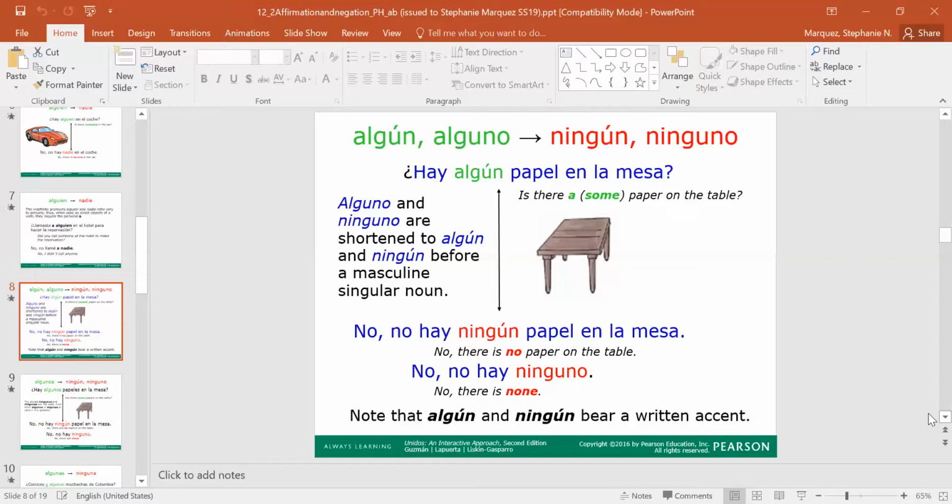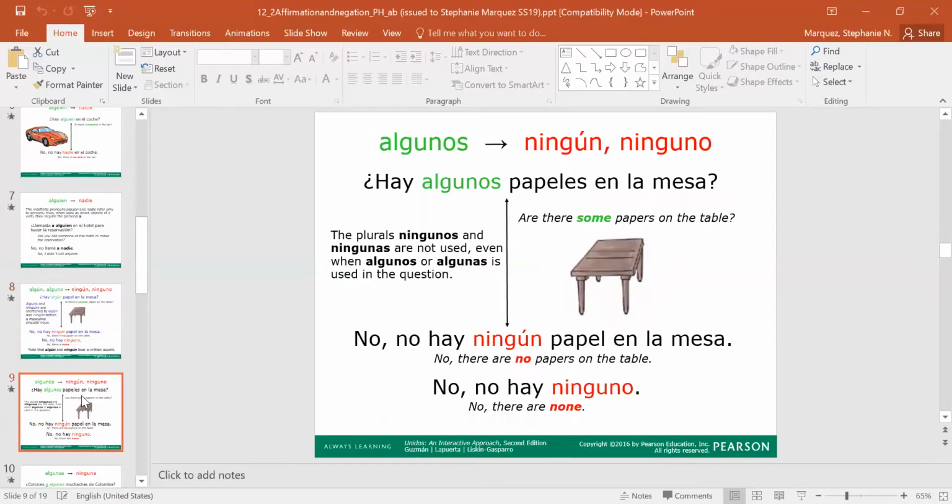Note that algún and ningún bear a written accent mark, it says at the bottom of our slide, over the U. So please take a look at that, as it's literally the only component that is a grammatical component or anything that you have to remember, other than just memorizing what certain words mean with these affirmative and negative expressions.